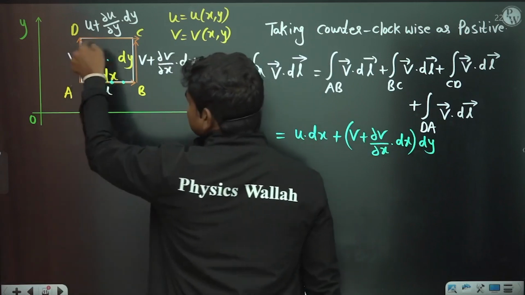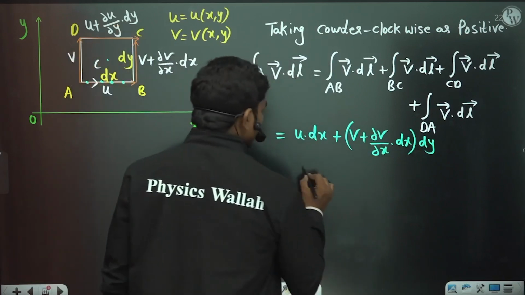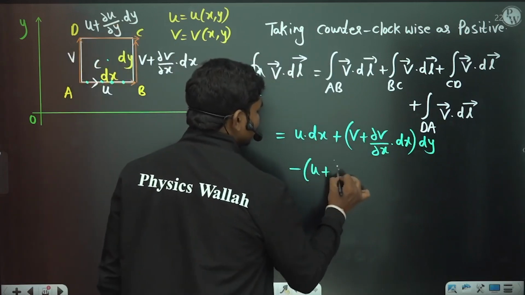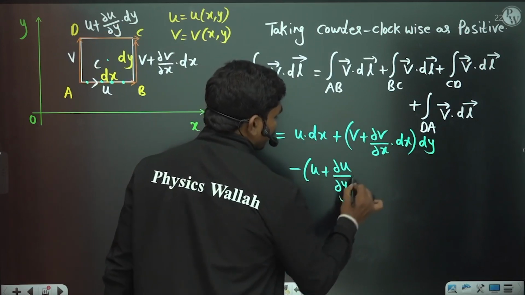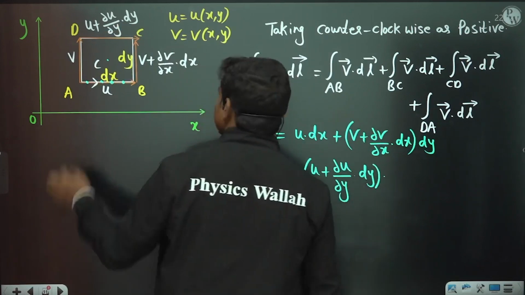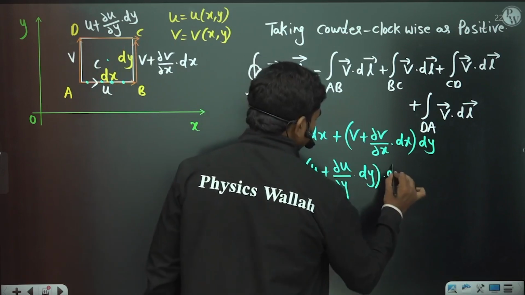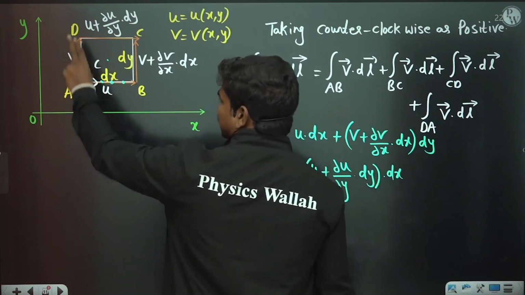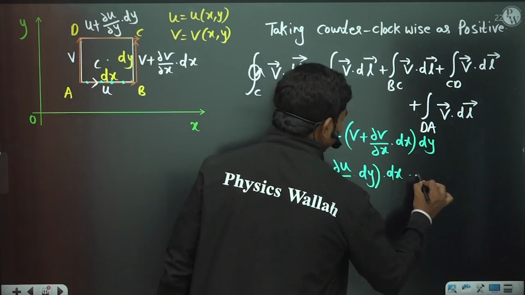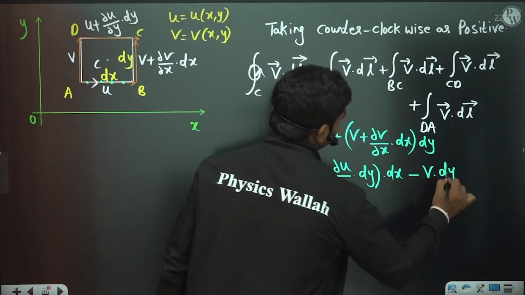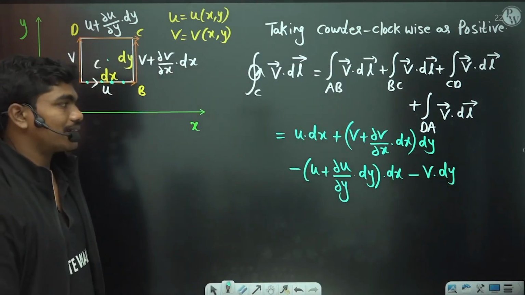Next, on CD this is trying to rotate it in the anti-clockwise sense, so minus u plus dou u by dou y into dy, multiplied by the length of this element dx. This velocity is also trying to rotate this clockwise, so minus v times dy. So these are the expressions that you get here, clear?